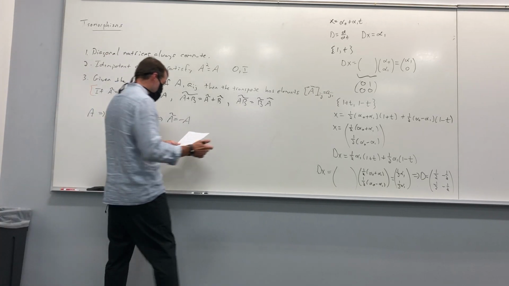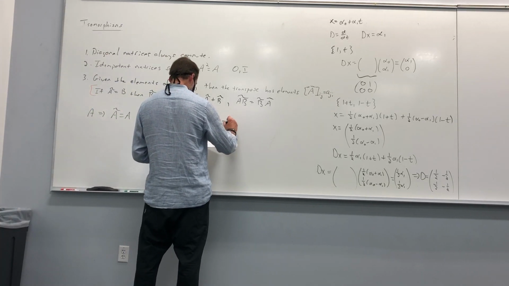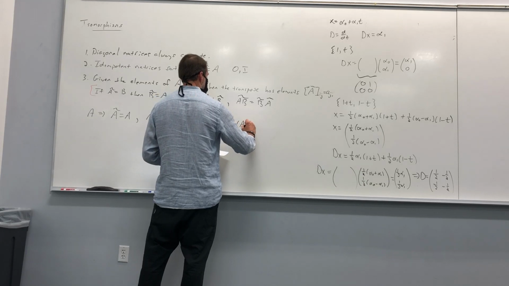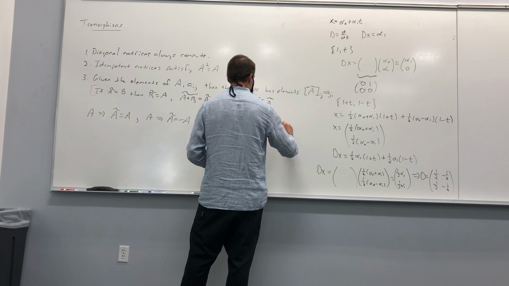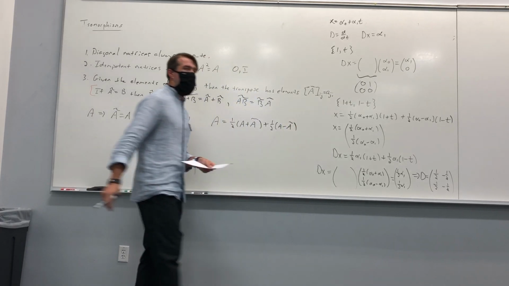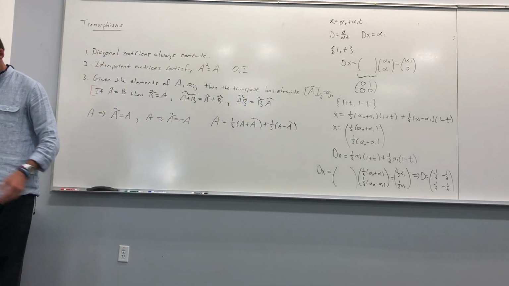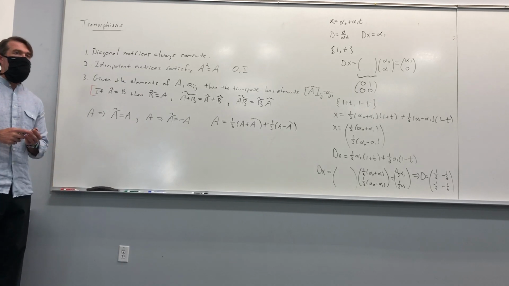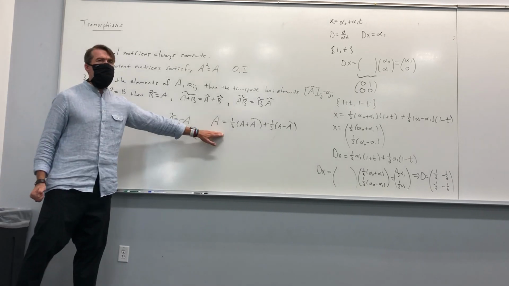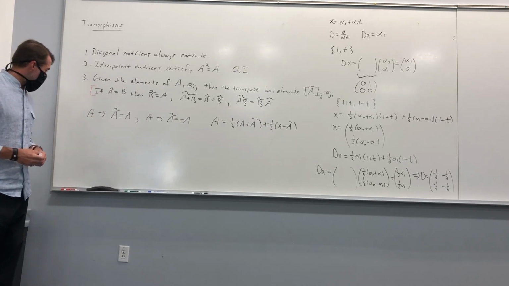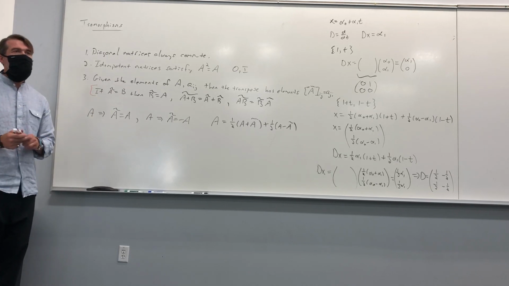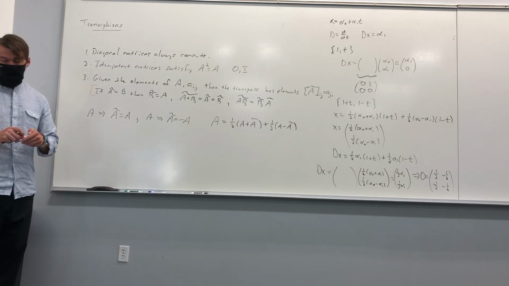And one of the interesting things is that any matrix can be decomposed in terms of a symmetric plus an anti-symmetric combination. Okay? This is something you should have seen before. Taking an arbitrary matrix and reducing it to a sum of a symmetric and an anti-symmetric.